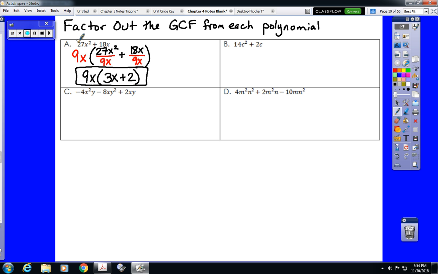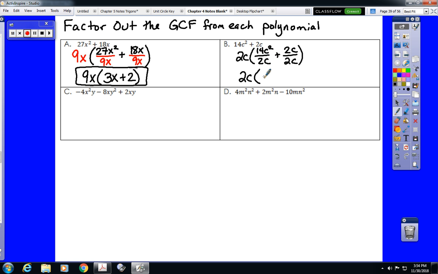Let's do another one. On B, 14c squared and 2c have a greatest common factor of 2c. So we're going to divide each of those two terms by 2c. When we do that, we're left with 2c times the quantity, because we just bring this straight down. 14 divided by 2 is 7.